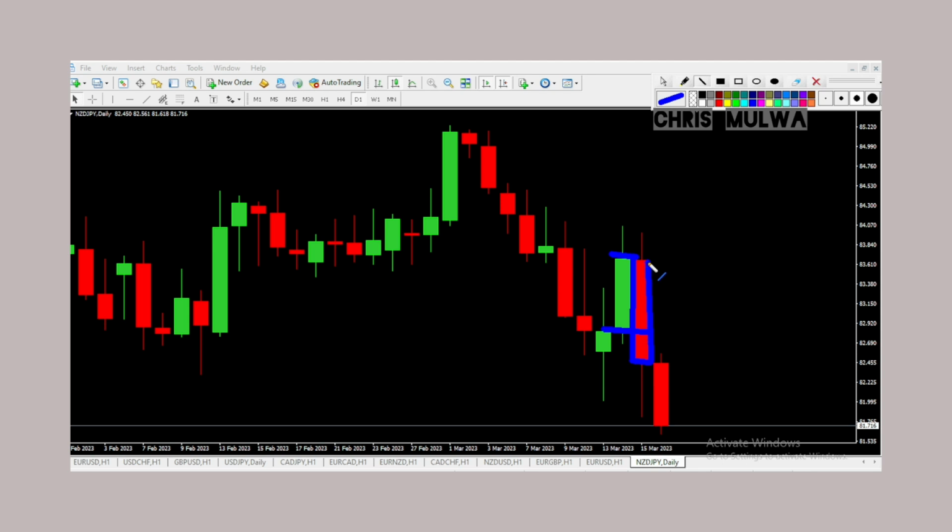We also have the wick, this part is the wick or the tail. We shall talk about the Japanese candlesticks, what forms the candlesticks, the parts of candlesticks, and how we can trade using candlesticks.